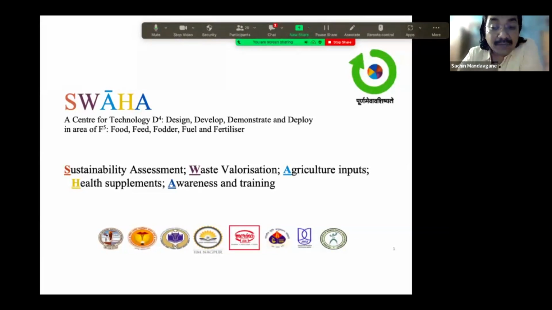So biogas production, microbiology, such kinds of skills are required, and therefore we are now working on developing a certificate course. In this COE, we have partners: Veterinary University of Maharashtra, IIM Nagpur, AIIMS in Nagpur, JNU's Center for Science Policy, and IARI, Delhi, for agriculture related work.